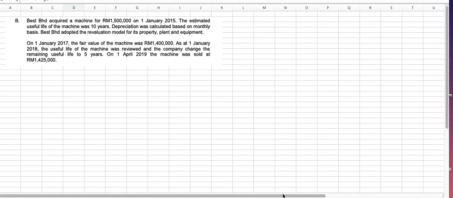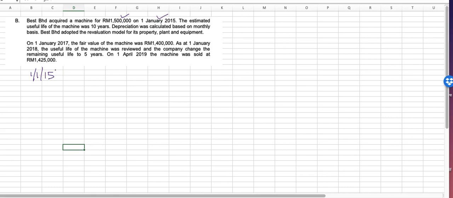Bas Berhad acquired a machine for 1.5 million. Okay, so machine is the PPE on 1st January 15. So we draw the timeline 1st January 15.